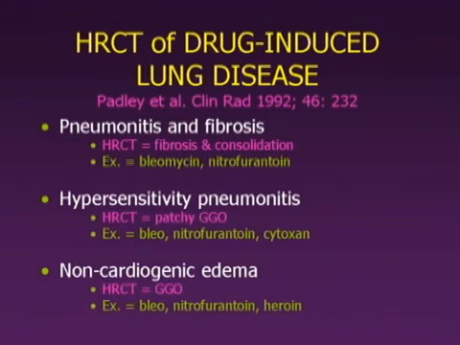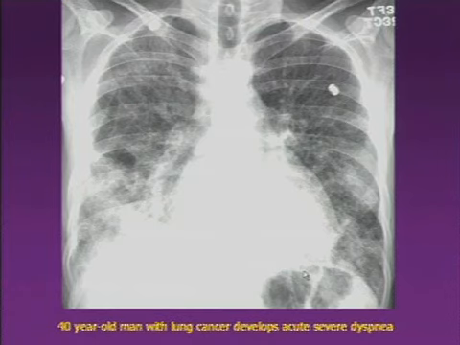Drug-induced diseases: I'm not going to go through this slide, but the point here is that if you look through this list, there's a lot of overlap not only in the different drugs that cause all of these processes, but also in the processes themselves. So fibrosis, pneumonitis, hypersensitivity, non-cardiogenic edema, ARDS, bronchiolitis obliterans, all of these can be caused by a spectrum of drugs.